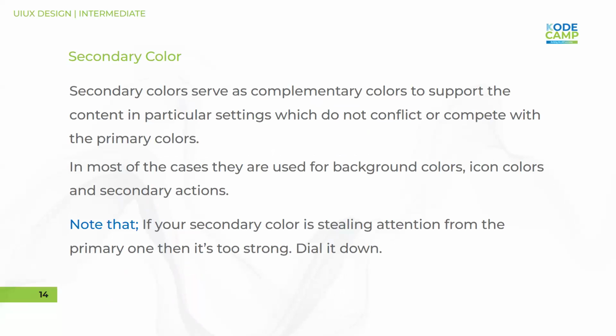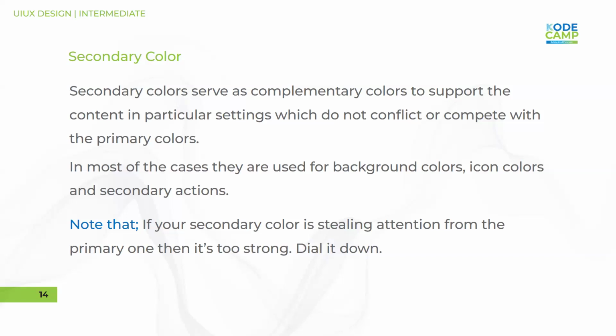The reason we bring in a secondary color is to help blend the UI, so that the UI will not be mostly the primary color and look boring. Let's take for an example, we are using blue. When you open it, it's blue you see throughout, everywhere is just blue.